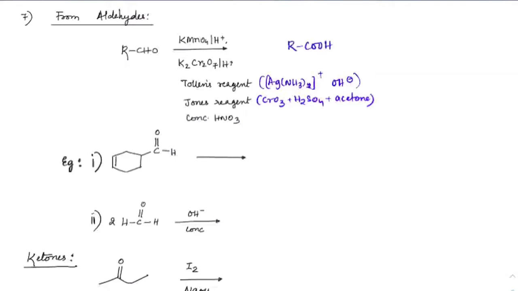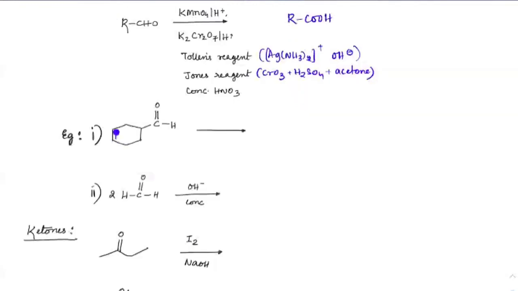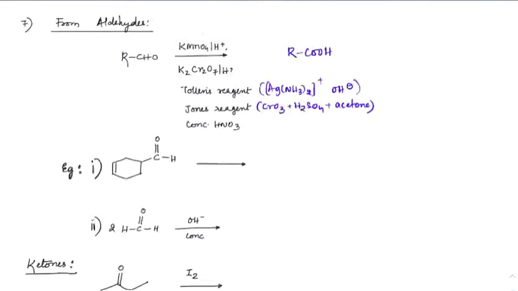Especially in Tollens and Fehling cases, it is followed by hydrolysis. So it could be Tollens, Fehling's, Benedict's. In all of these cases, you will get carboxylic acids. Now, suppose there is a double bond which we need to keep intact, then K2Cr2O7, KMnO4, concentrated HNO3 are not pretty much useful.